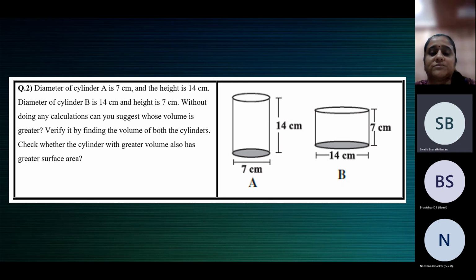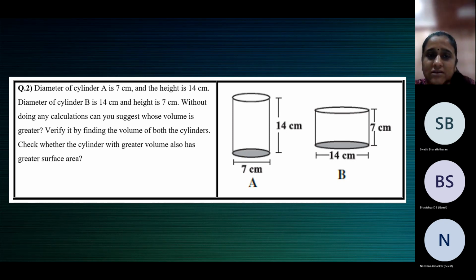No. Ma'am, the diameter. The diameter. For a cylinder, the base is circular. So if it's a circle, it has radius and diameter. So here 14 in cylinder B represents the diameter of the base.